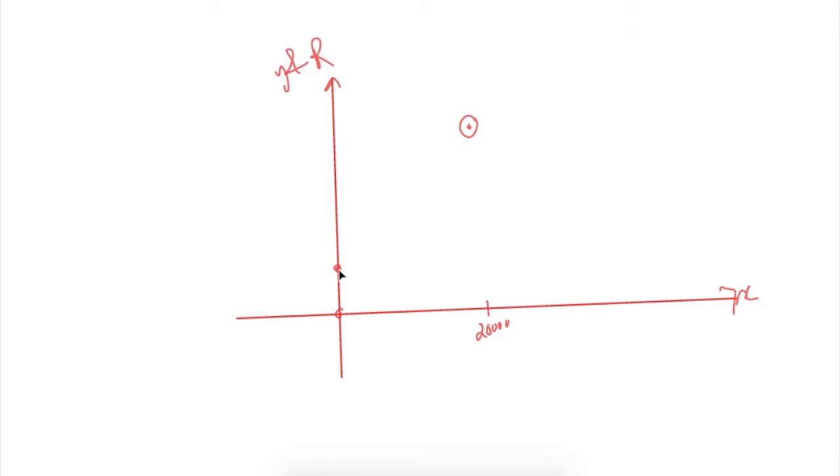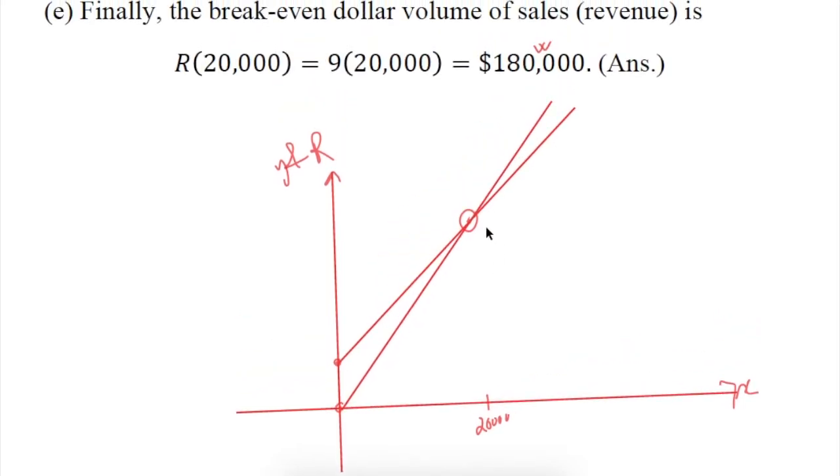Therefore the cost line will start from this point and pass through the break-even point, and the revenue line will start from the origin and pass through the break-even point, and the break-even point has coordinates x coordinate 20,000 and y coordinate 180,000.